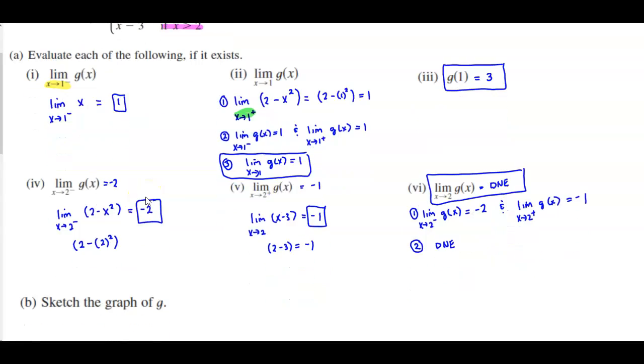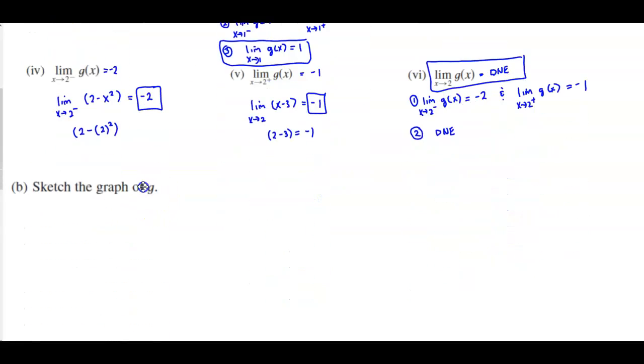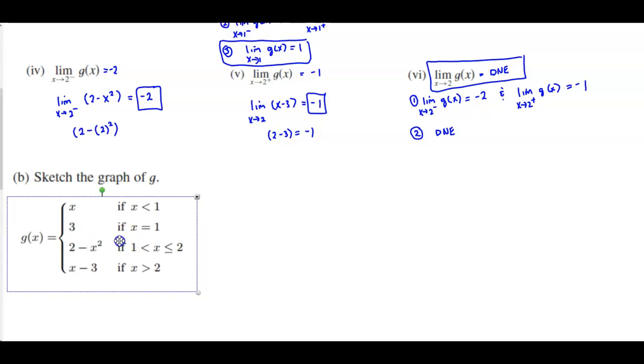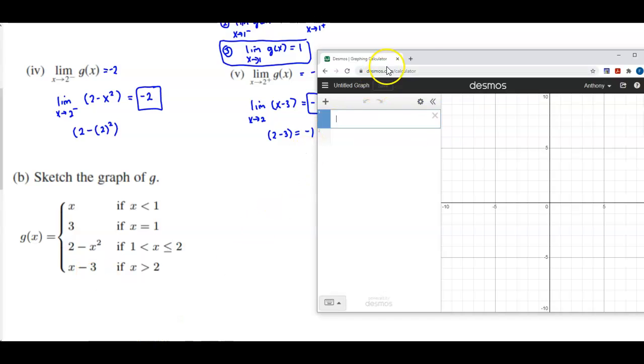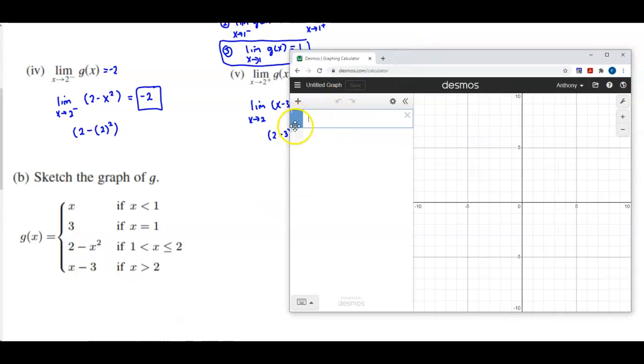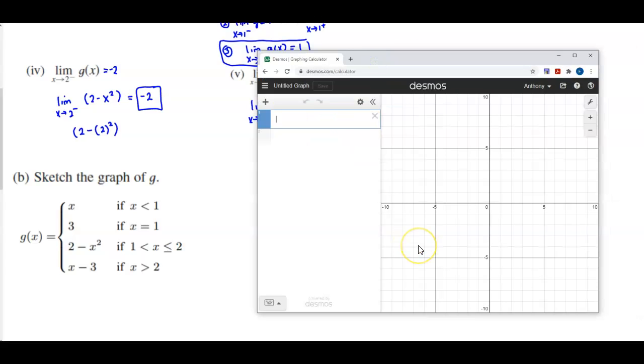So now let's take a look at part B, and part B wants us to sketch the graph of this piecewise function. The piecewise function has these particular scenarios here. We're going to go ahead and open up Desmos. We know that we want to graph x, so g of x is equal to x, and then we're going to put in our restriction when x is less than 1.